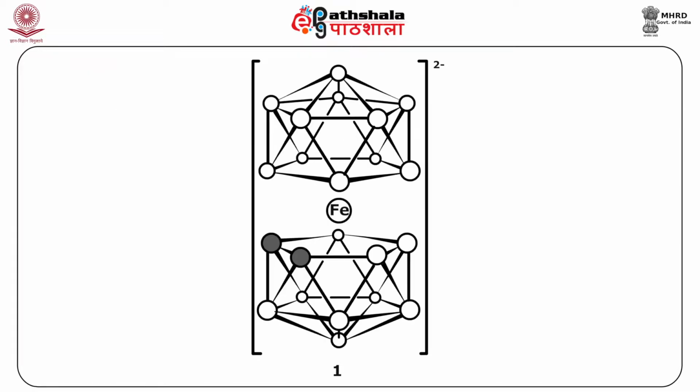For example, the reaction of the nido C2B9H11 2- carborane anion with Fe2+ ion leads to the preparation of a diamagnetic ferrocene analog, complex 1. This sandwich complex showed properties similar to ferrocene, such as redox properties.